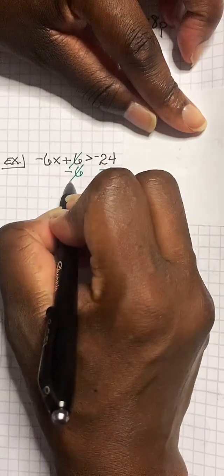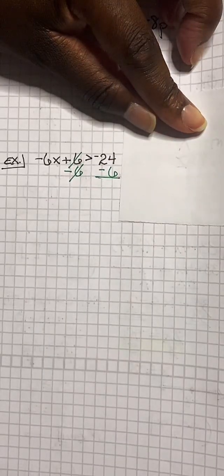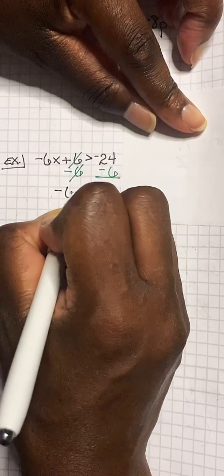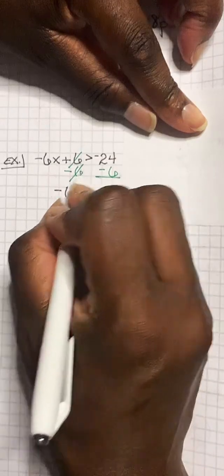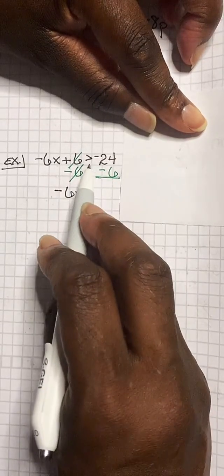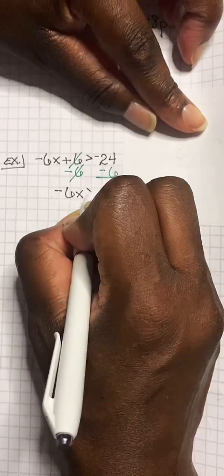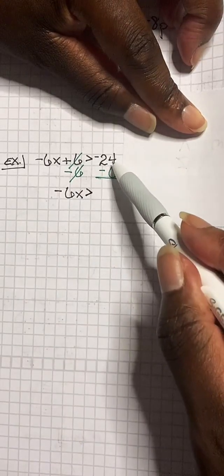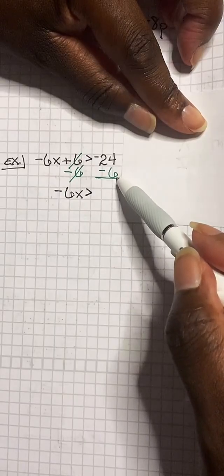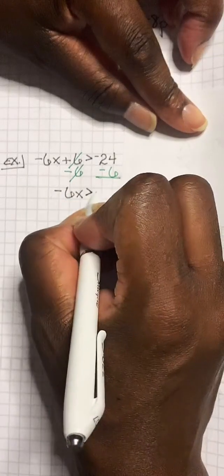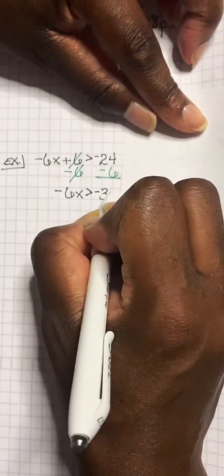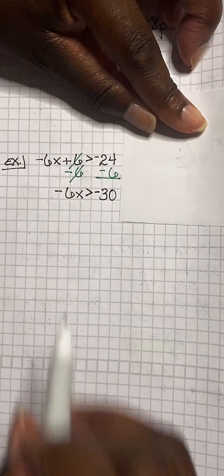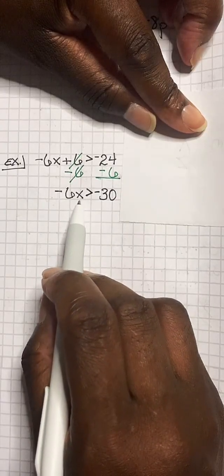Positive 6 minus 6 will give me 0. But all I have to do is bring down my negative 6x. Since I just subtract, my inequality sign is still the same. So negative 24 minus 6 will give me a negative 30. So from here, we're trying to get x by itself.